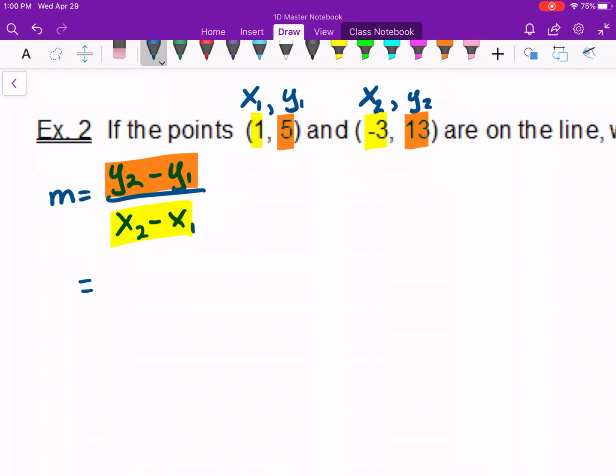And the formula, just be careful, find the right numbers. y2 is clearly the 13. That should go first. Minus is part of the formula, and y1 was 5. x2 was negative 3, and then there's a minus that's part of the formula again. x1 was 1, and there we go again.